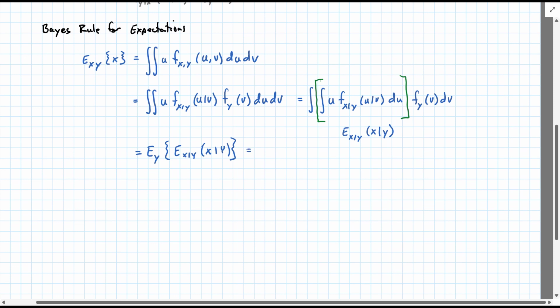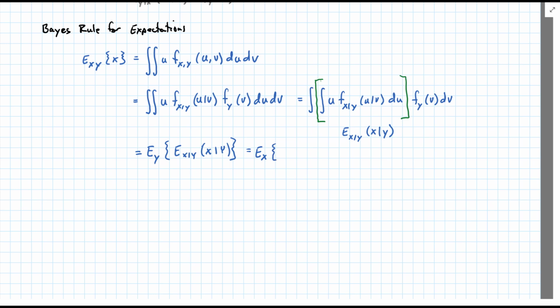Without going through the proof, this would be simply the expected value with respect to x of the expected value of y given x, like so.